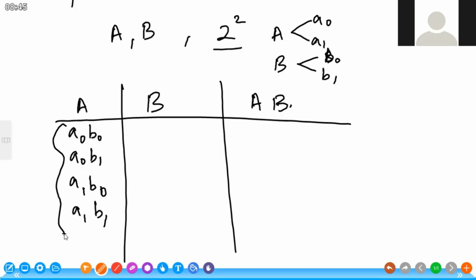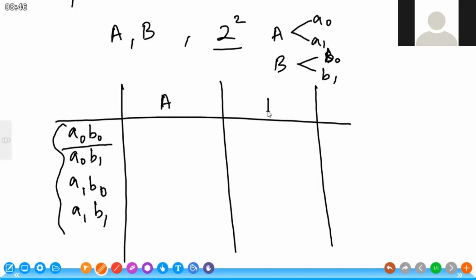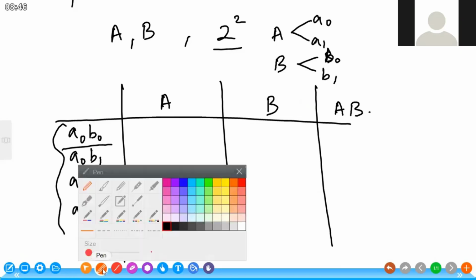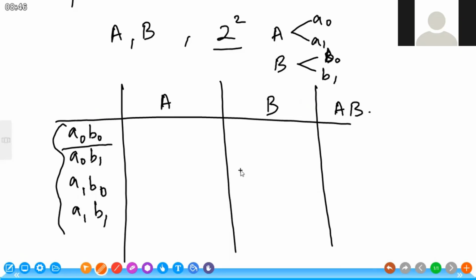So here, when you talk about A naught and B naught, actually, how do we decide whether A and B are positive or negative?